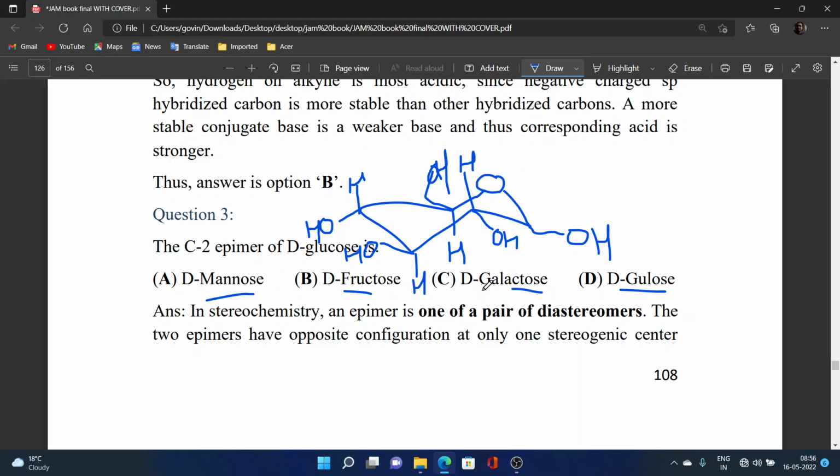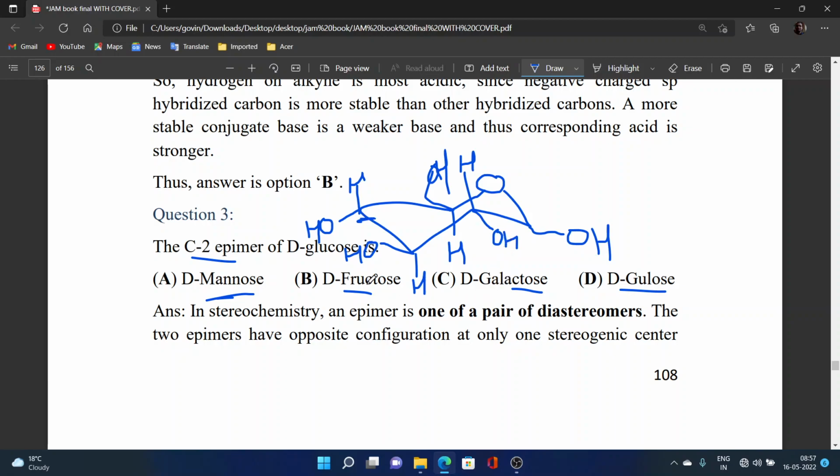That means for them, in at least one or two carbons there is a change in stereochemistry. Epimer means only on one carbon there is a change in stereochemistry. When at position 2 you have a change of stereochemistry, it is mannose. If at position 4 there is a change in stereochemistry, it is galactose.